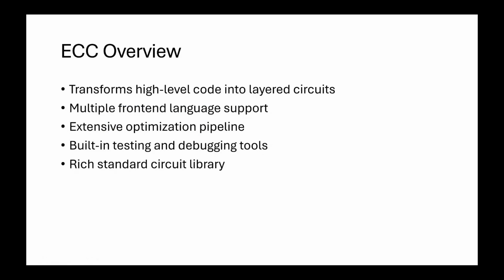It has multiple front-end language support. We will talk about it on the next page. It has an extensive optimization pipeline and built-in testing and debugging tools. Finally, it has some standard circuits, which is similar to GNARK.